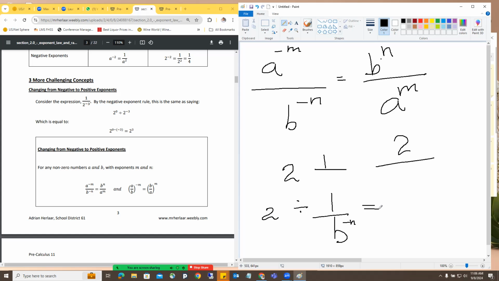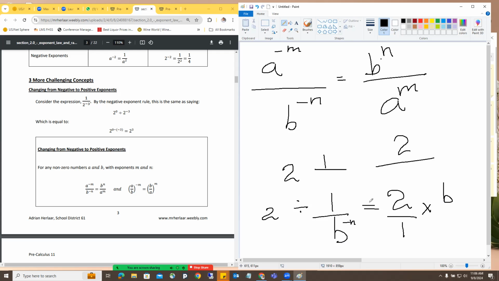So here, 2 over 1 divided by this. If we convert this into a multiplication, we just take the reciprocal only. There we are not converting the negative power into a positive power; we just get the multiplication.